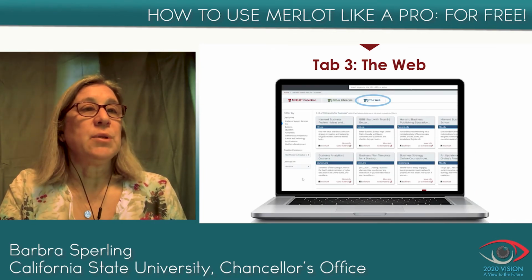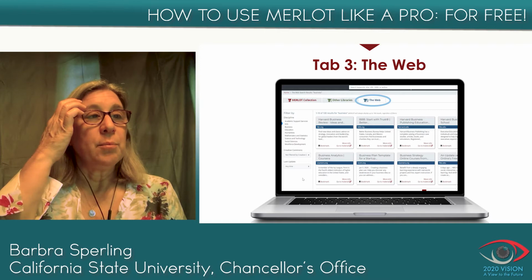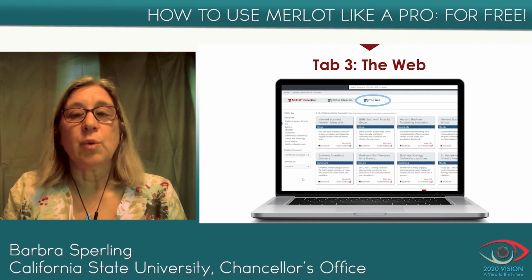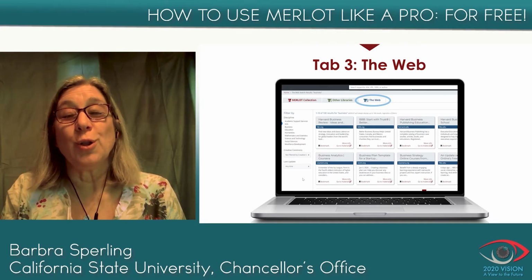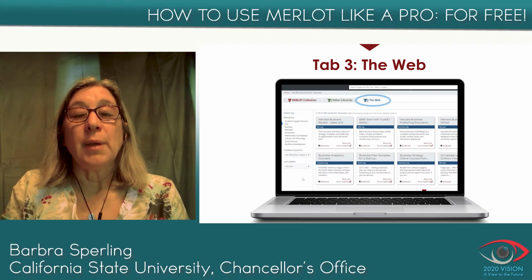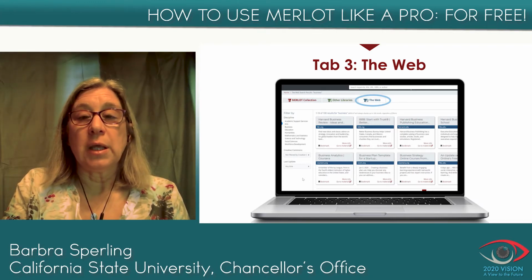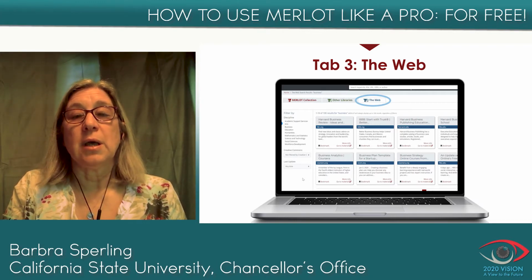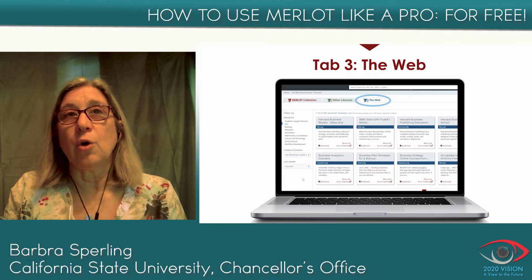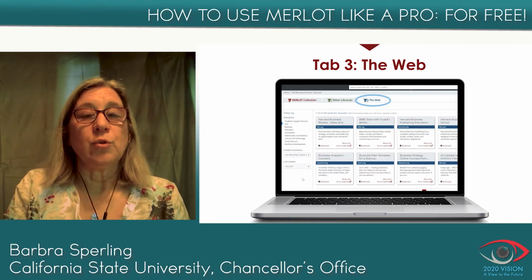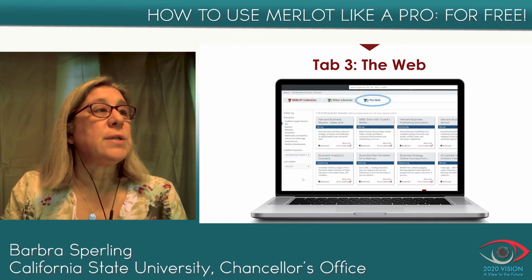The third tab is the web. And we worked with Google to create what we call a Coca-Cola recipe, if you will: an algorithm based on keywords, disciplines for higher education, and OER, and those results are brought back in this third tab.